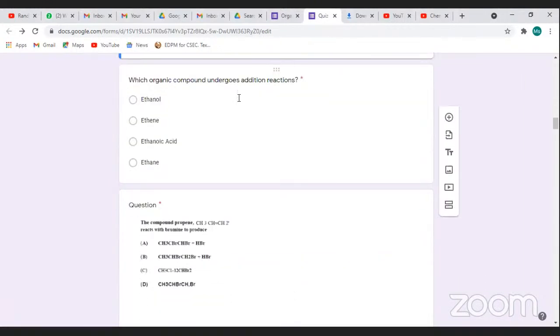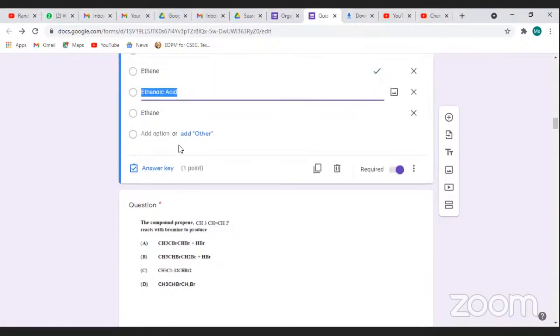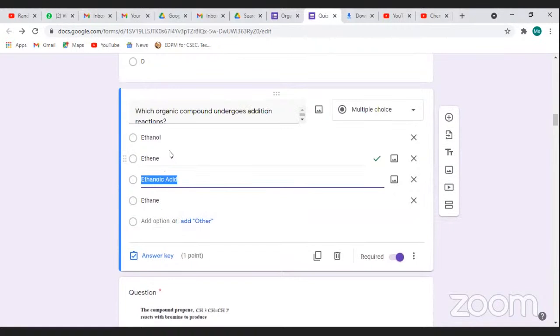All right, which organic compound undergoes addition reaction? Remember, we talked about addition reaction now. Ethanol, ethene, ethanoic acid, or ethane? Ethene, very good. Because alkenes undergo addition reactions. Tell me some of the addition reactions you can have. You can have halogenation, which is the addition of a halide.